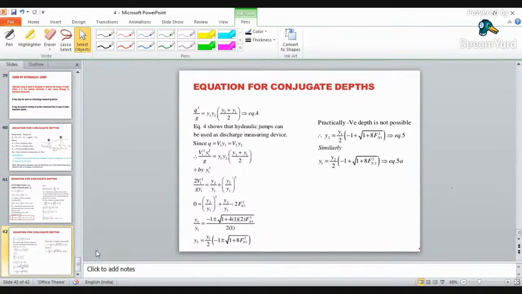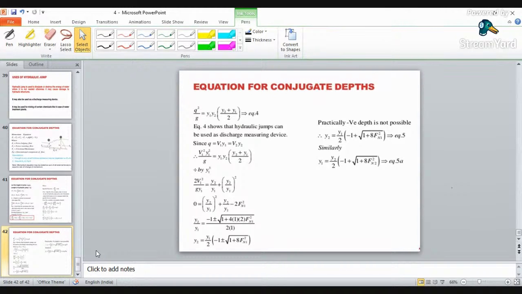Then there is the critical velocity, which is square root of g into hc, acceleration due to gravity into critical depth. Then there is the minimum specific energy, E minimum, which is equal to 3 by 2 of the critical depth hc. Then there are two formulas to calculate the velocity: Chezy's formula and Manning's formula.